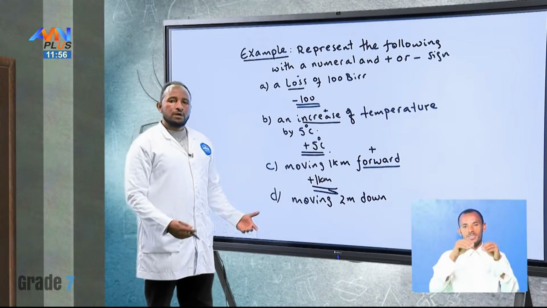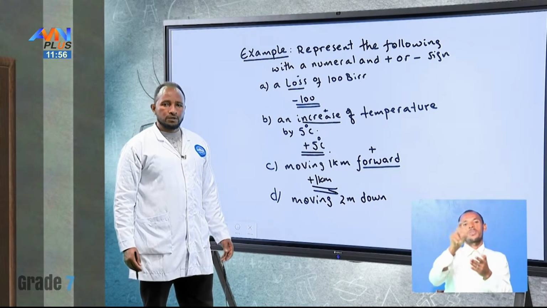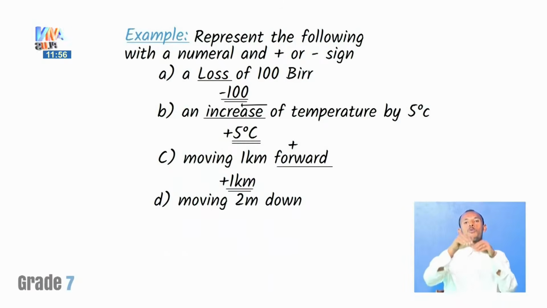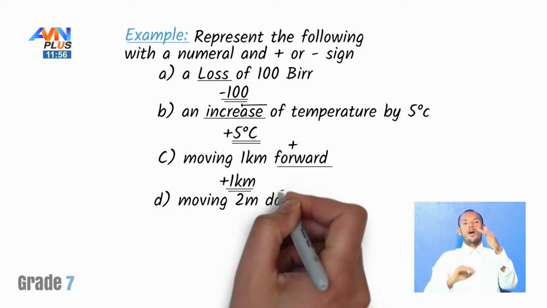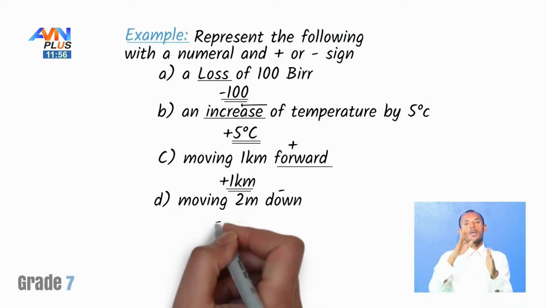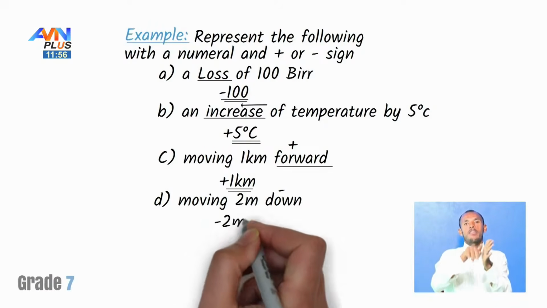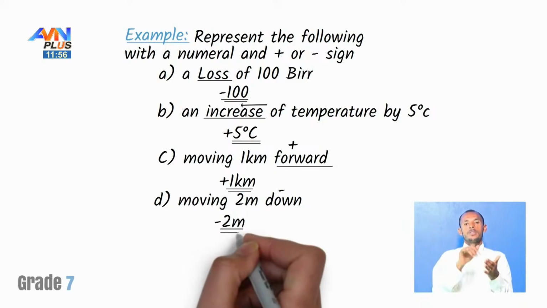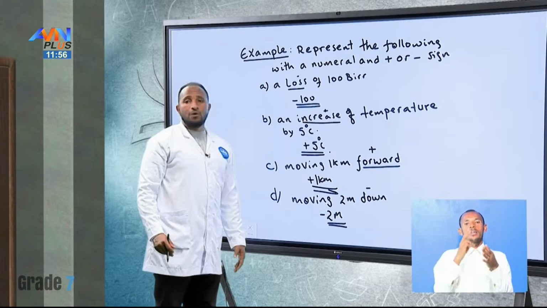Students, have you tried the question? Good. Let's see the answer. Moving 2 meters down. Down is negative. Therefore, this will be represented as negative 2 meters.